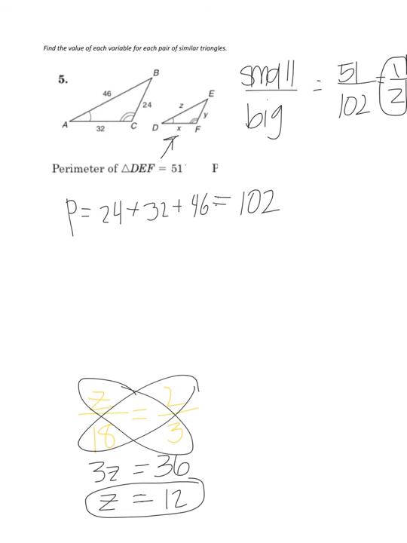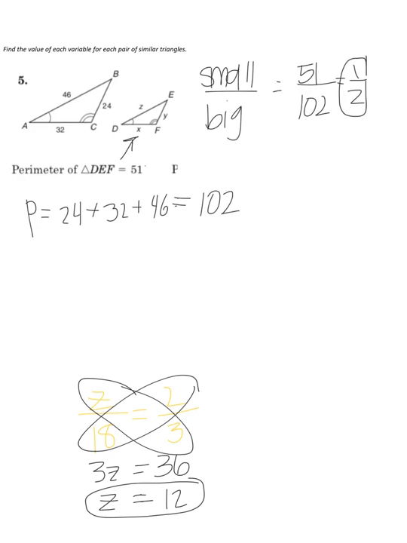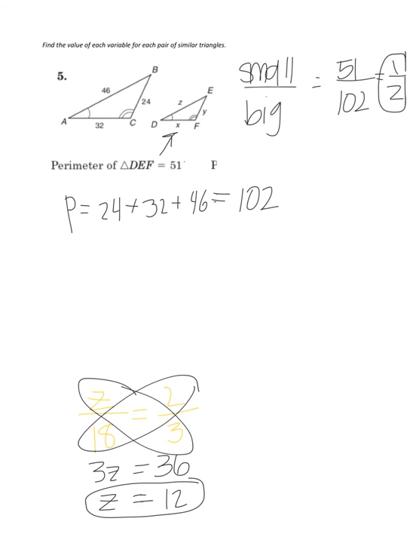Next question is to use the ratio of the perimeters, so 1 to 2, to find the value of x.